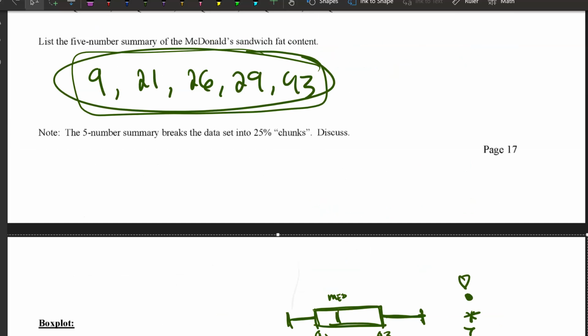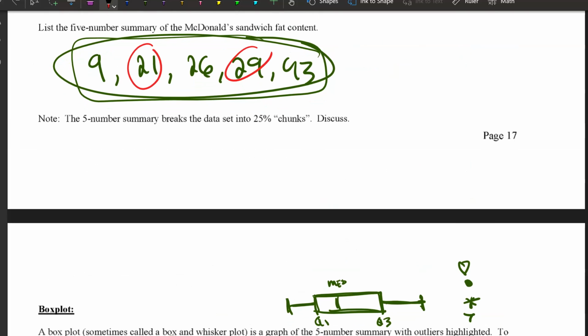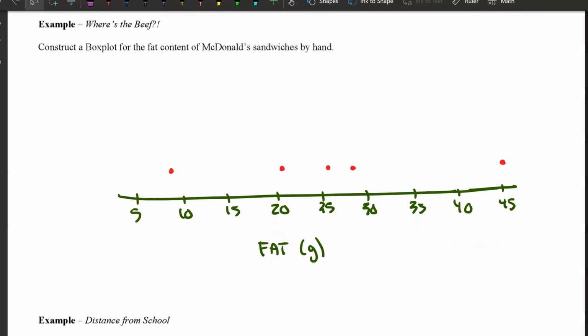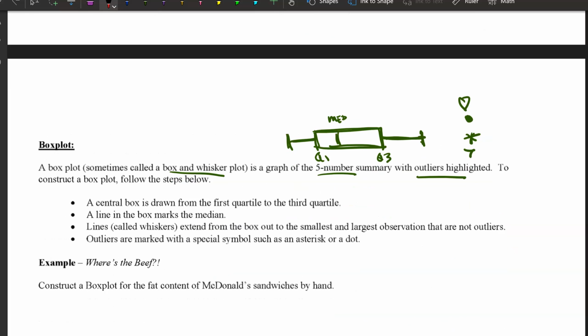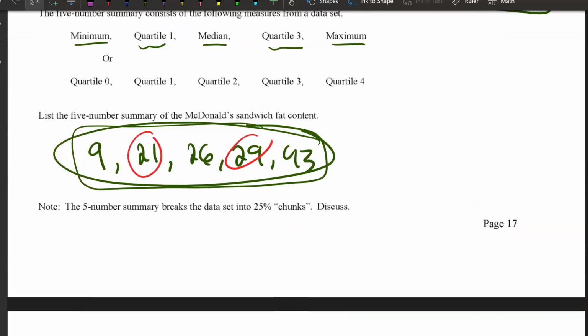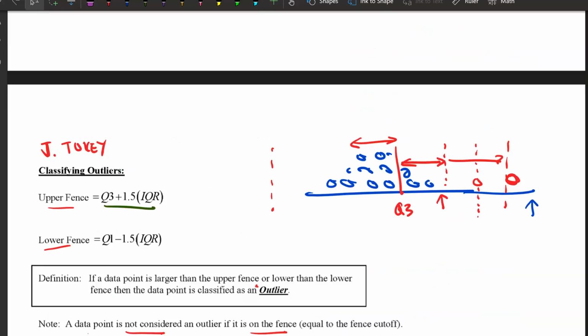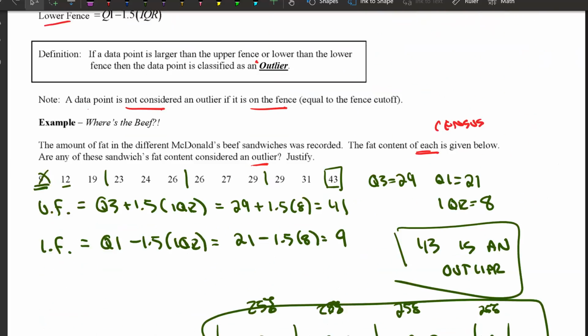So we're going to put a box between the 21 and the 29. That's the central box. Drop a line at the median. Extend your whiskers to the smallest value and largest value that are not outliers. Well, where'd our data go?